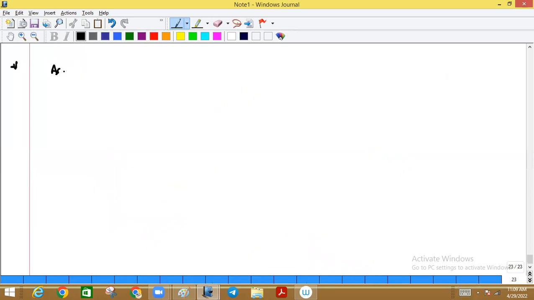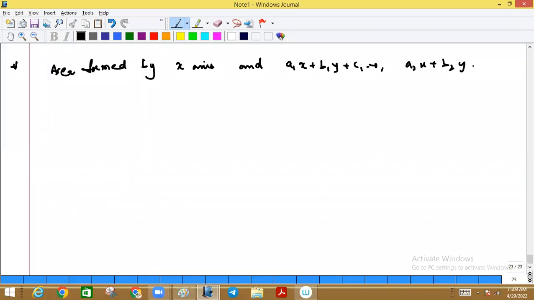Area formed by x-axis and two lines a1x plus b1y plus c1 is equal to 0 and a2x plus b2y plus c2 is equal to 0. What do you mean by x-axis?